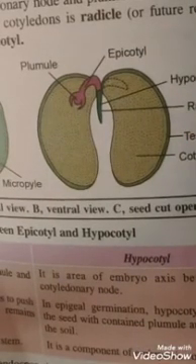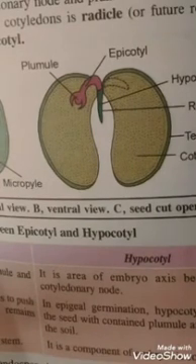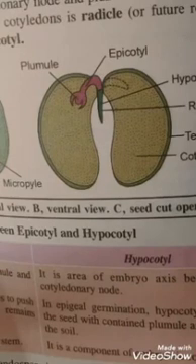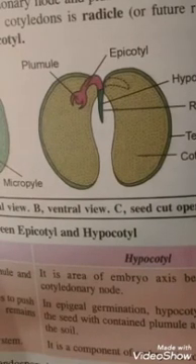These seed coats are protective in nature. They form a hard layer and provide protection to the seed. In seed coat there is a small pore, small opening, that is called micropyle.